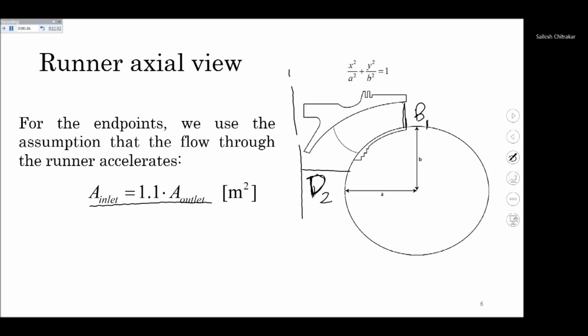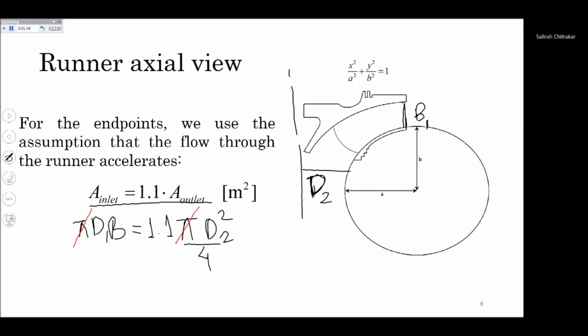So this means that area of the inlet is pi d1 b, whereas area of the outlet, this 1.1 is representing the acceleration in this case, and area of the outlet is pi d2 square divided by 4, right? So in that case, we will get pi cancel out, and B will be equal to 1.1 D2 square divided by 4 D1.